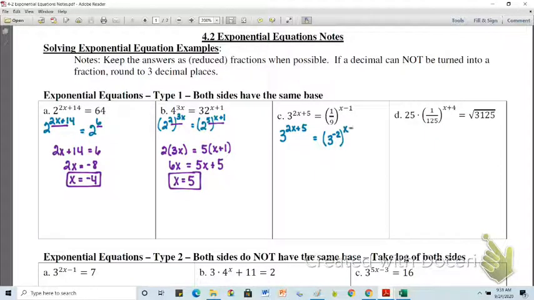And the x minus 1. Again, now that I have same bases, I set my exponents equal. So I have 2x plus 5 equals negative 2 times x minus 1. Make sure you put the parentheses because we need to remember to distribute it.